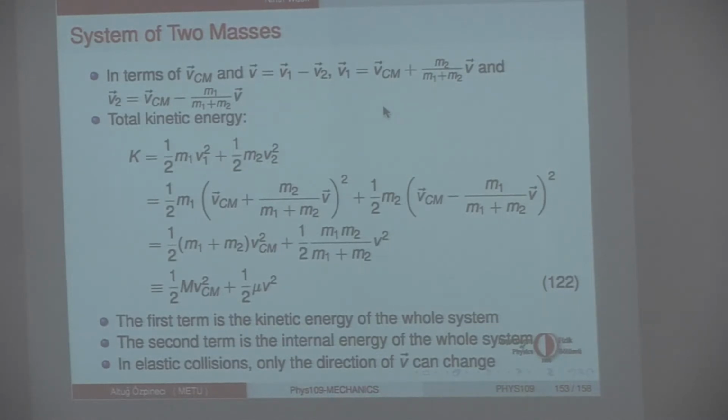You can just go over the algebra, and then you will see that the kinetic energy of this two-mass system is just 1/2 m v_cm squared plus 1/2 mu times the relative velocity squared. Mu is just some constant.